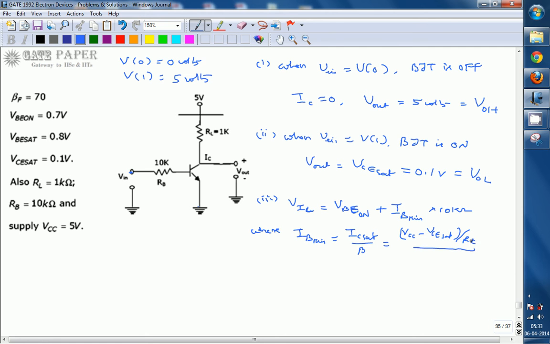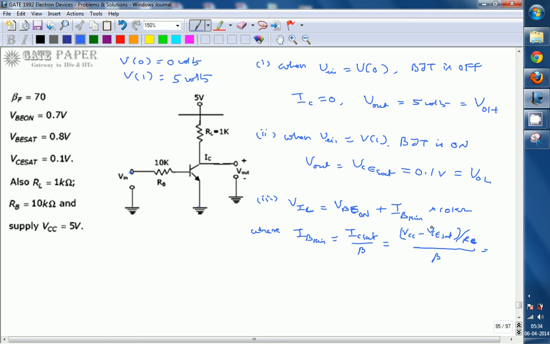Here it is RL, instead of RC we are writing it as RL, and divided by beta. So how much are you getting for IB minimum? VCC is 5 volts minus VCE saturation is 0.1. 5 minus 0.1 is nothing but 4.9 divided by 1 kilo ohm is 4.9 milliamperes, divided by beta, whose value is given as 70.